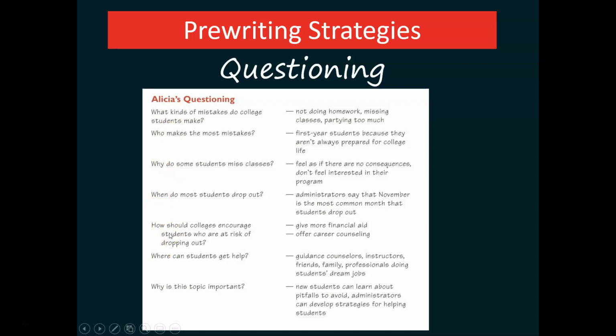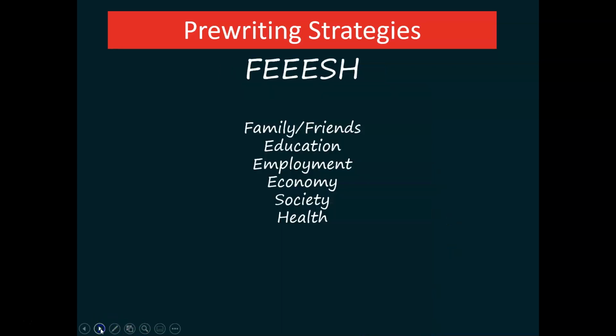The WH questions in English. Then you would use the questions to help you think of more ideas. Okay. So for example, who makes the most mistakes? First year students. Where can students get help? It gives a list of some different places. So this will give you a lot of ideas if you're worried about looking at a blank paper.